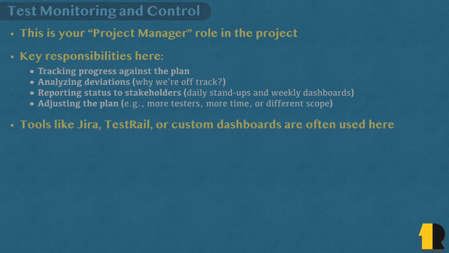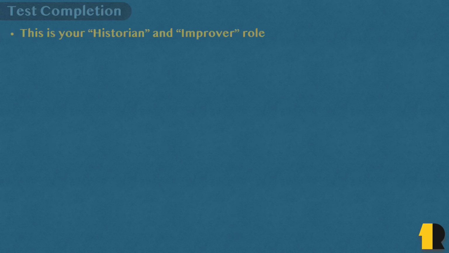Now, we have to take off our hats for one last time, and this time we are replacing the project manager's hat with a hat of a historian. Welcome to test completion. So, as the name suggests, this activity takes place when completing a test milestone. Maybe after the completion of a test level, a test cycle, an iteration, or, you guessed it, an entire project.